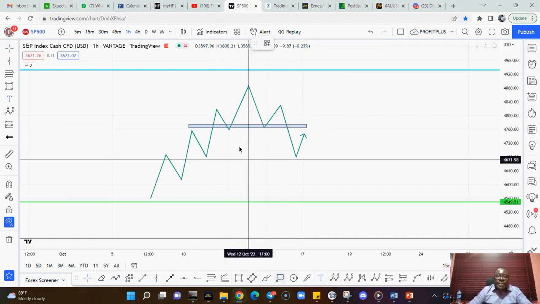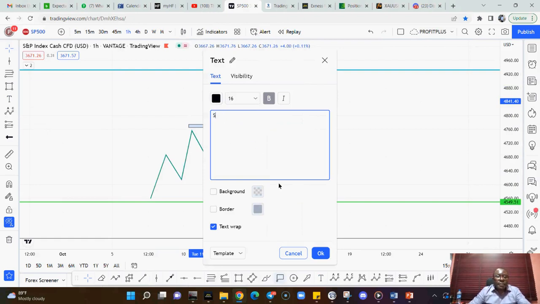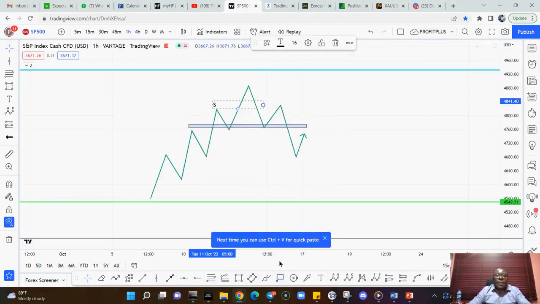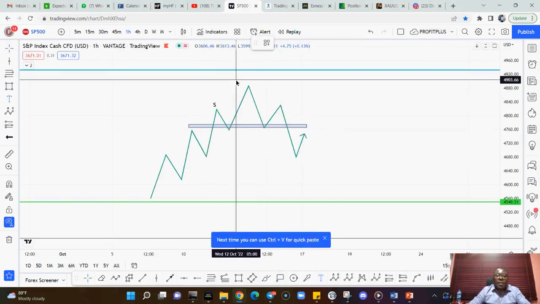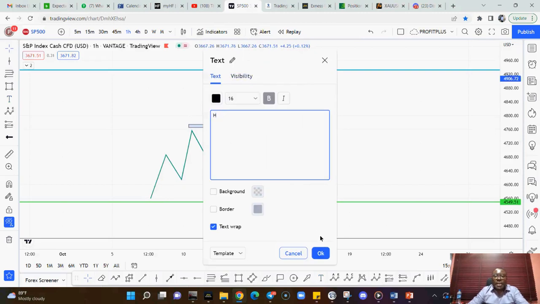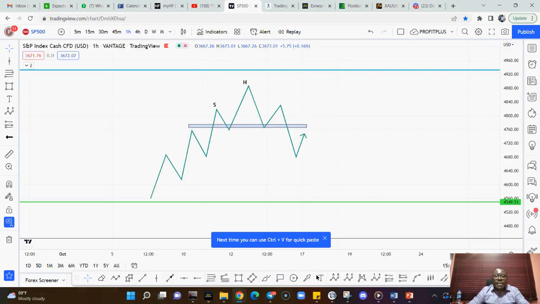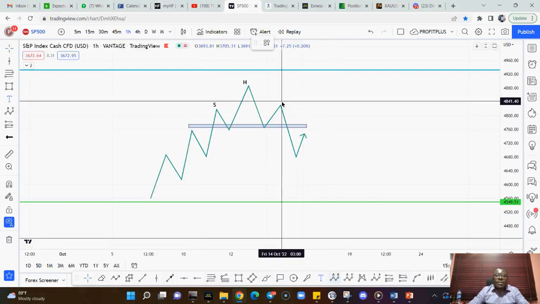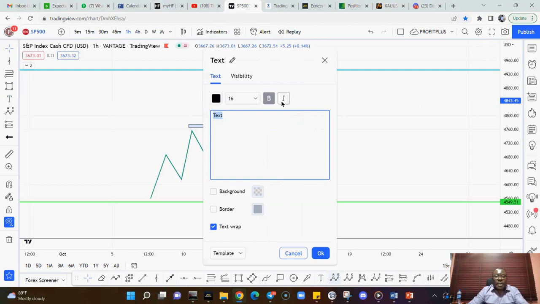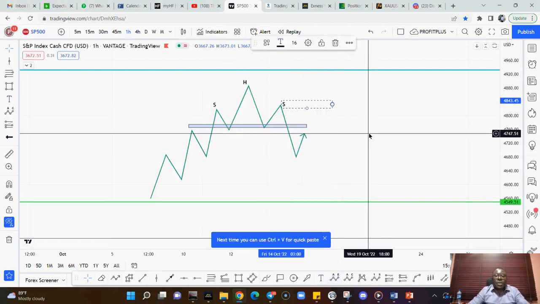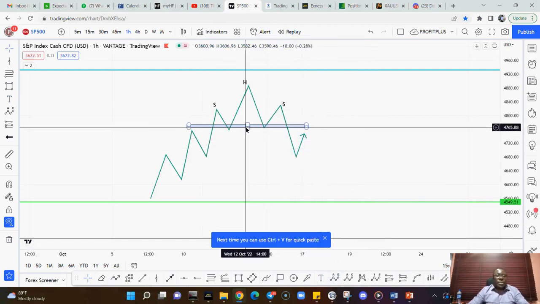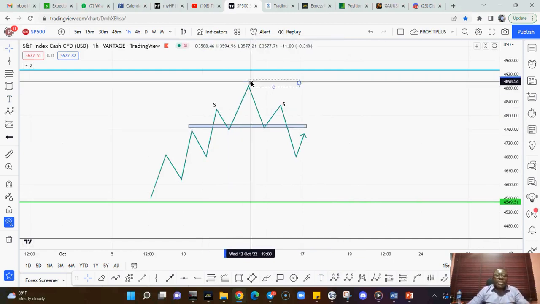So here is the left shoulder. Here is the head. And here is the right shoulder. So we call it head and shoulder, or shoulder, head, shoulder.